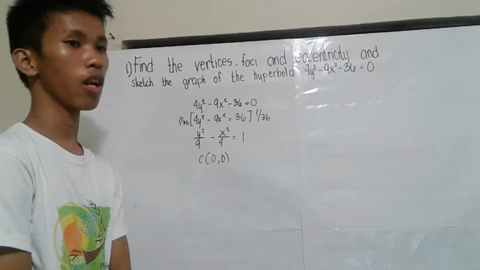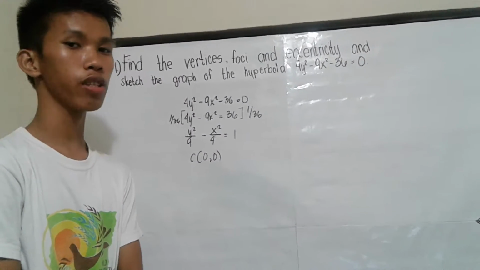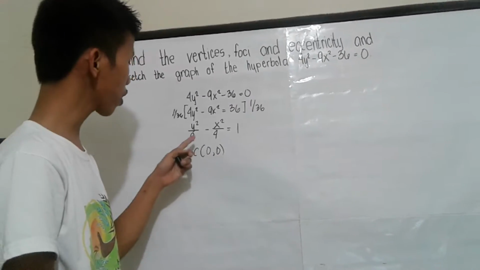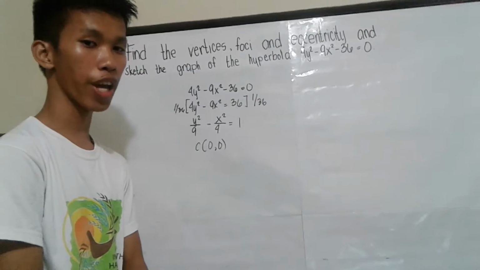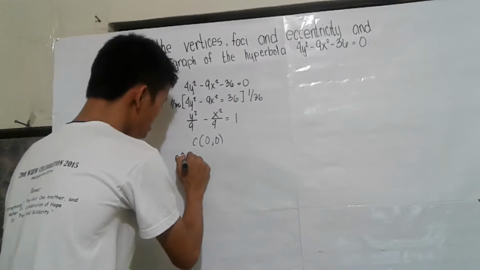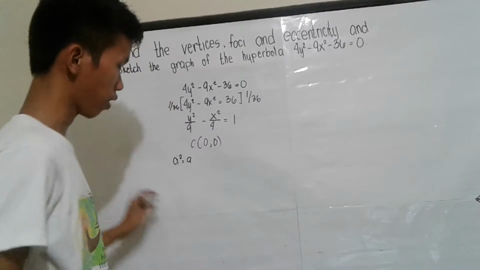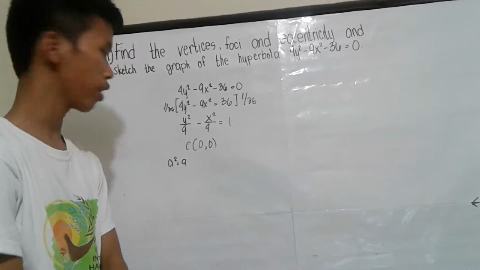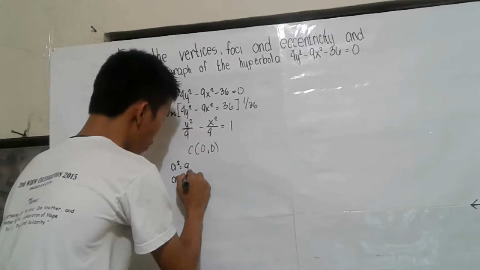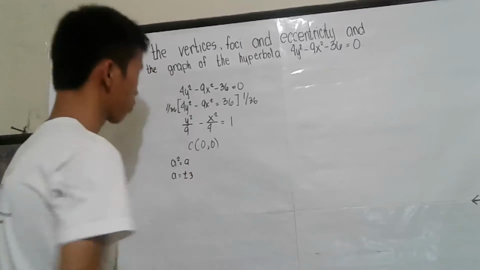Next, let's find our a, b, and c. Since 9 is our a squared, a squared is equal to 9. Then the square root of 9 is equal to 3. So a is equal to plus or minus 3.